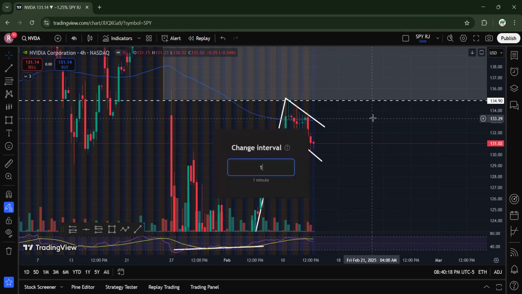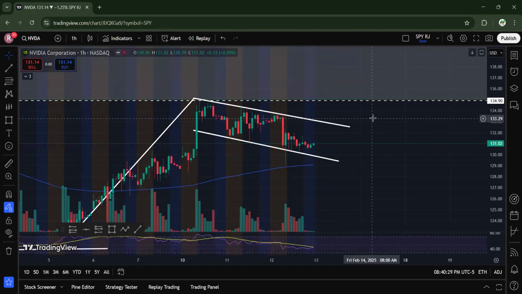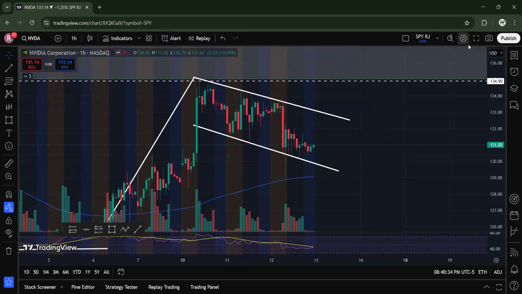Now, if you just want to have a little bit better entry, you want to say, well, I'll take the break of the flag and I will just look for this as one of my take profits or something, and then I'll ride it up into the gap. You can say, okay, where can I expect it to really move again? We got to go back to our levels.